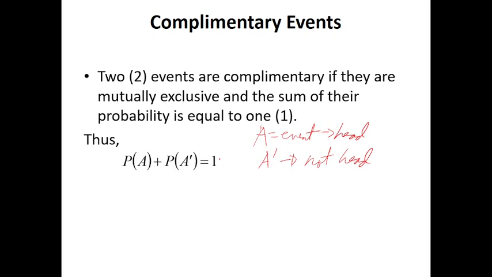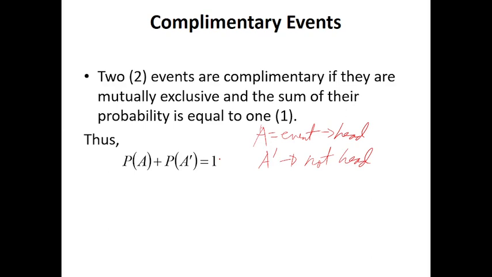Halimbawa, magtatos ako ng coin. Pag pinag-add ko yung probability na lilitaw ay head at saka yung probability na hindi lilitaw yung head, diba 1 yan? Kabaligtaran ng head man, di ba? So pagka hindi head, edi tail, right? So therefore, yung chance na yon ay 1.